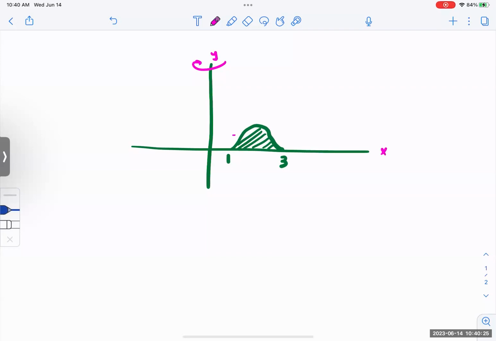So what you are doing with the cylindrical shells method, as it says from the name, you are adding the shells of all these cylinders. So infinitely many shells. You are adding the thickness of all these shells. And then same thing with the back here.